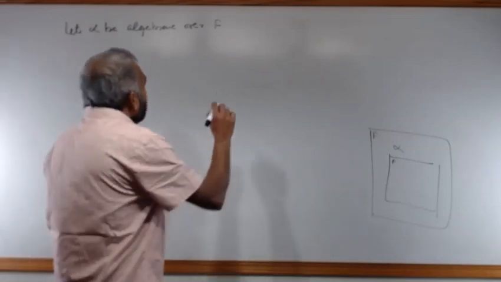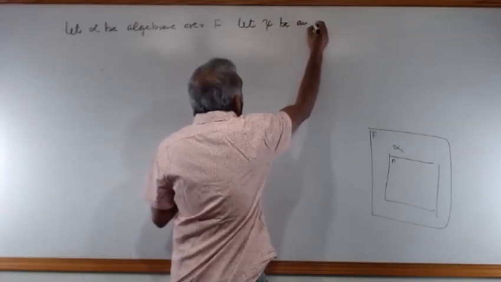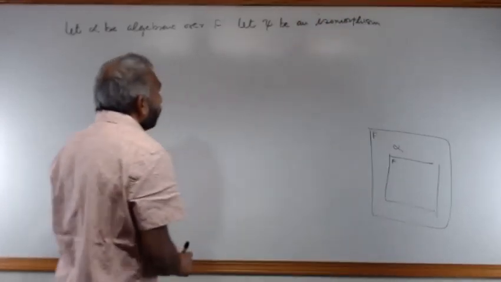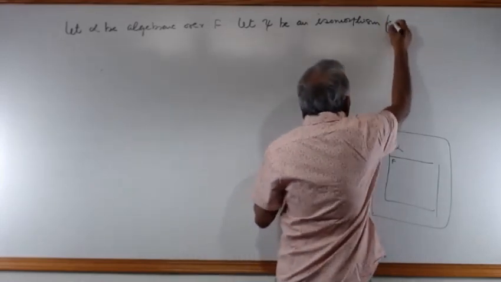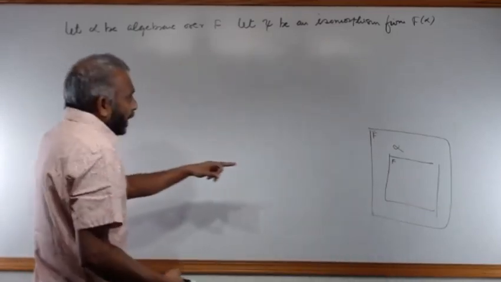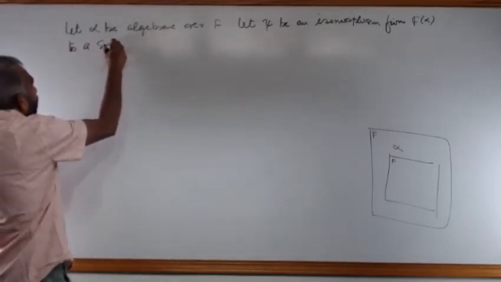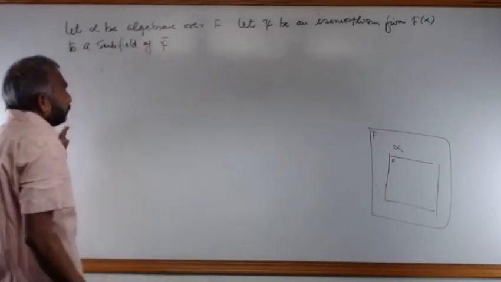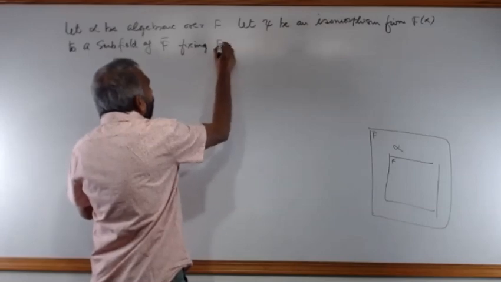Now, I'm going to define a map, an isomorphism. Let psi be an isomorphism from F alpha, because F alpha is a finite extension of F, to a subfield of F closure, fixing F or leaving F fixed.